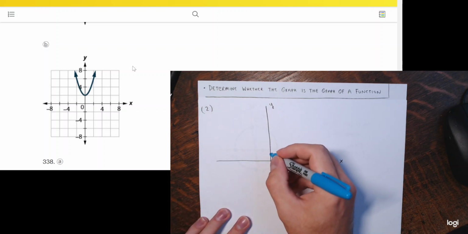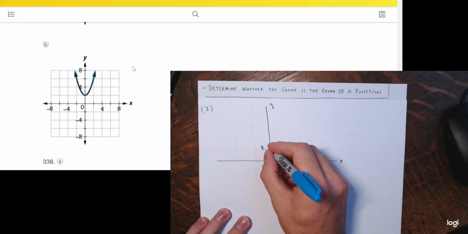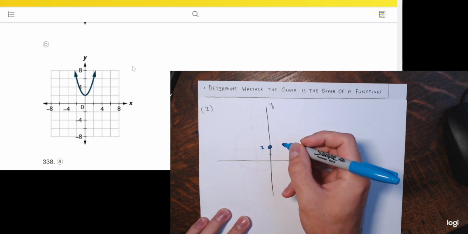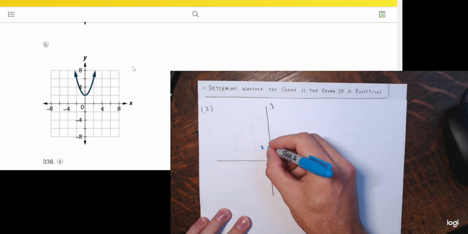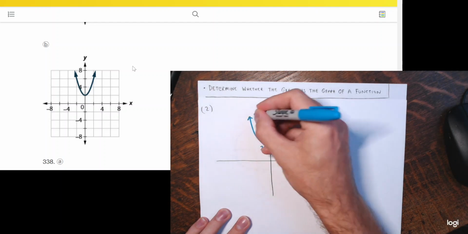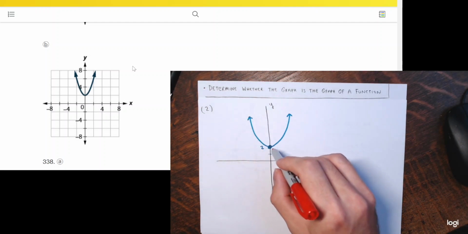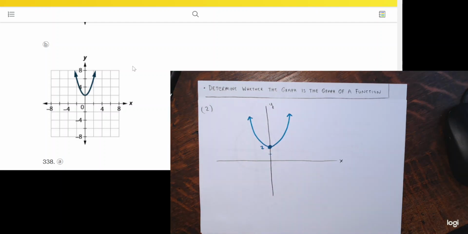And it looks like the lowest point there is at 0, 2, based on the notches. And it's just this curvy thing, like a U shape opening up, going that way forever, that way forever. And we're asked again, is this set of all these ordered pairs, this relation, a function?